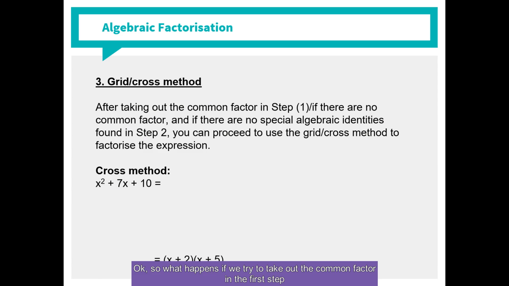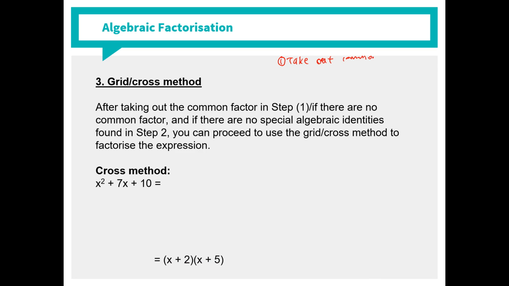So what happens if we try to take out the common factor as the first step, and there doesn't seem to be a common factor? Let's say for this question, x squared plus 7x plus 10. There's no common factor, right?